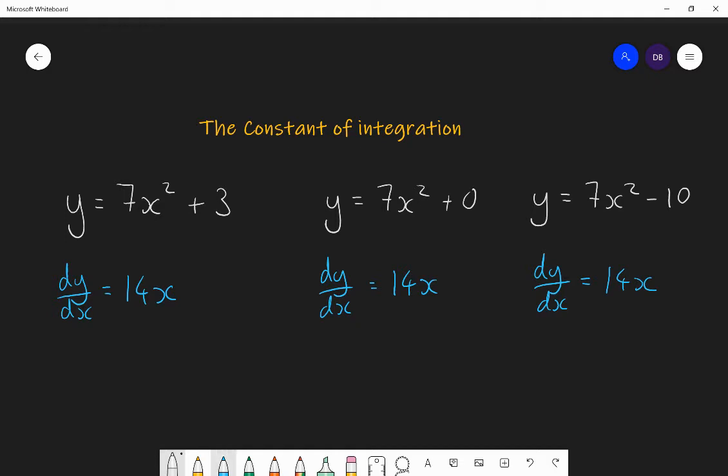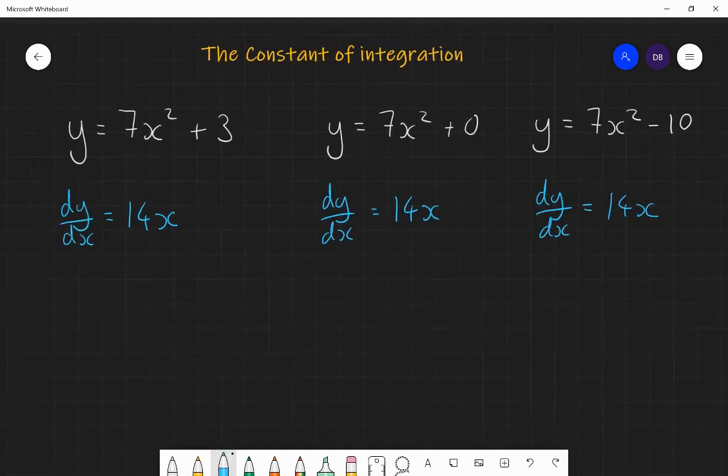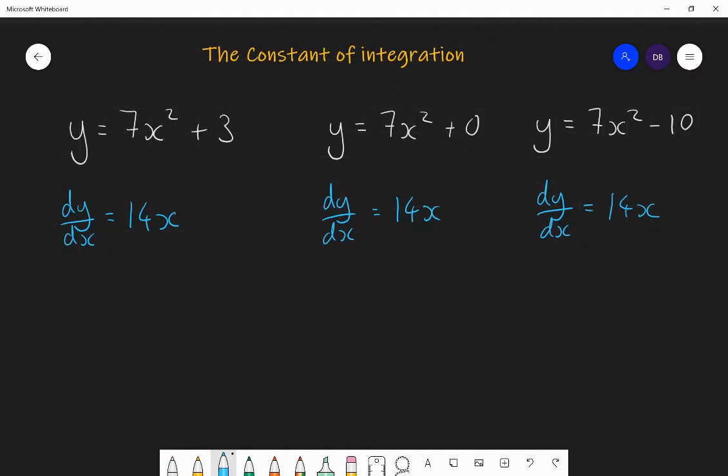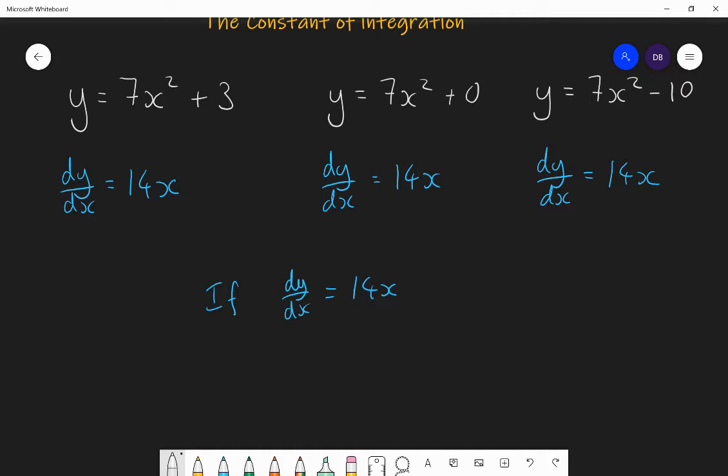And hence, if all I'm told is that dy by dx is 14x, then I cannot say for sure what the original function is.